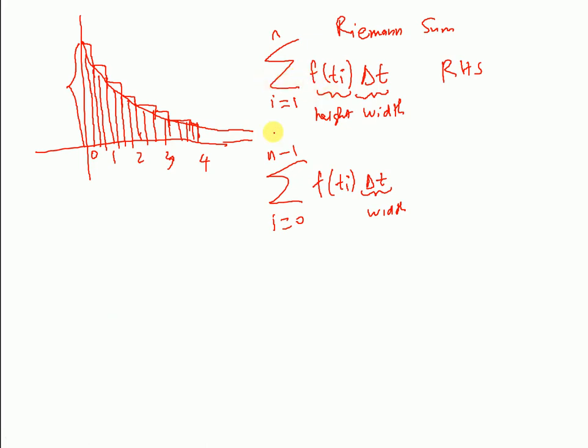We sum all the values together. And delta t usually is the unit of the rectangle, the width of the rectangle, and we take b minus a divided by n. That means we take the interval from the max value at 4, we minus 0, the two endpoints, minus each other, and then divide by the number of rectangles that you want.